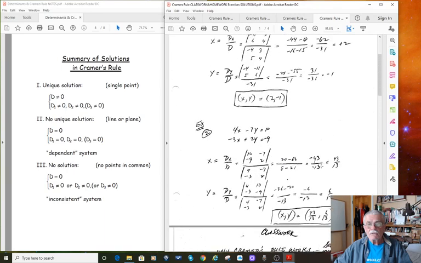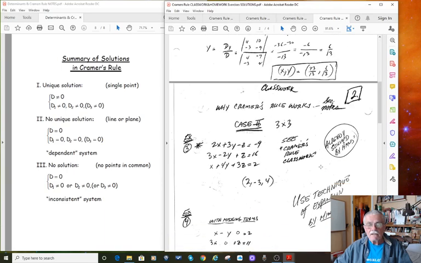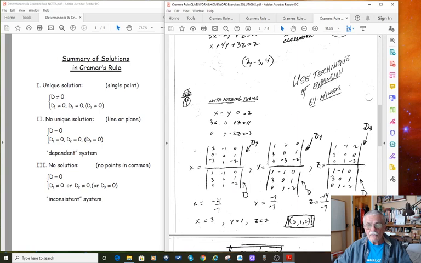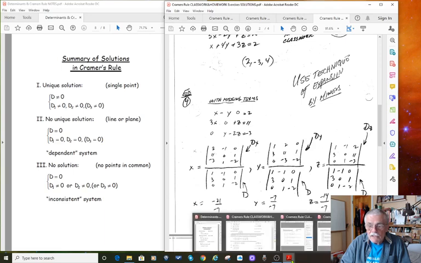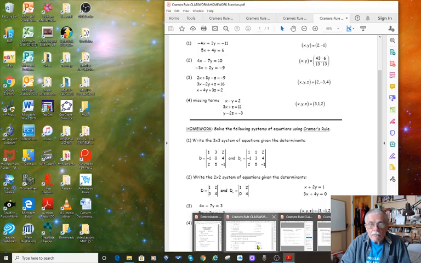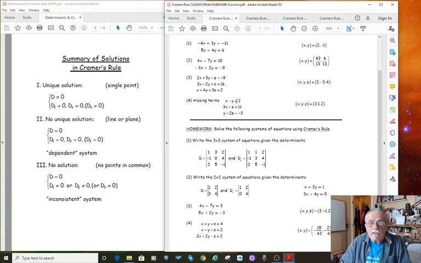Case 2, is that the one I want to do? All right, let's try number 4 then. Okay, number 4 has some missing terms in it. And this is number 4 from, I think, the class worksheet. Let's just make sure it's coming from the right spot. Yeah, this is number 4 from the class worksheet.